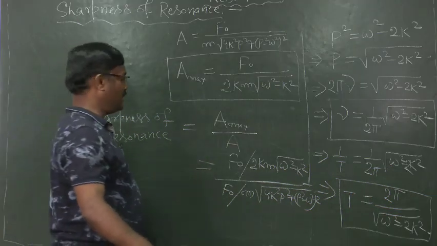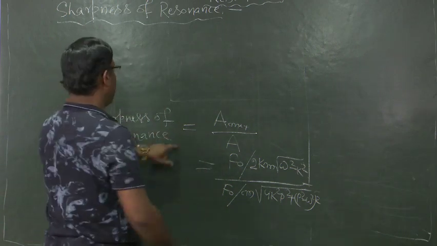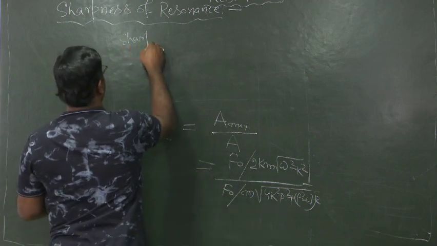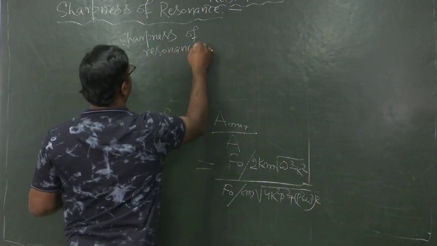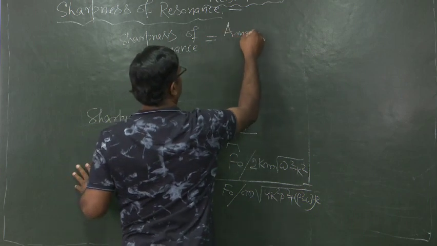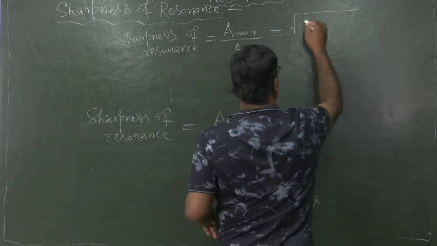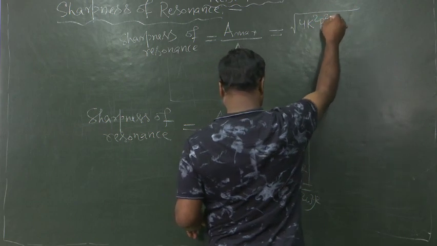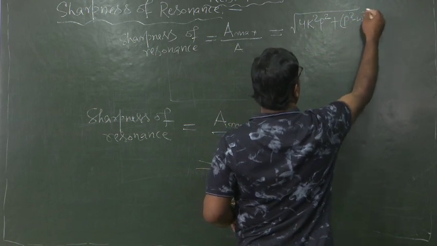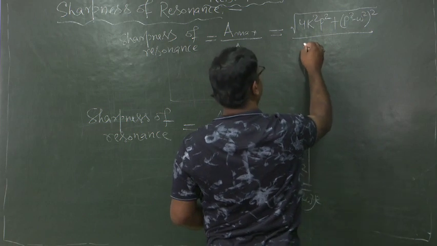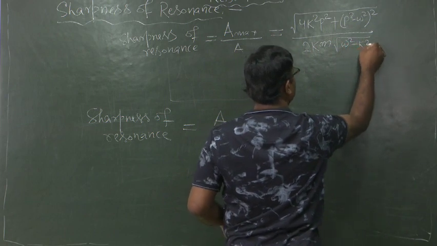Now, simplifying these two, we can write sharpness of resonance is equal to A max by A, which is equal to root over of 4 k square p square plus whole square of p square minus omega square, divided by 2 k m root over of omega square minus k square.